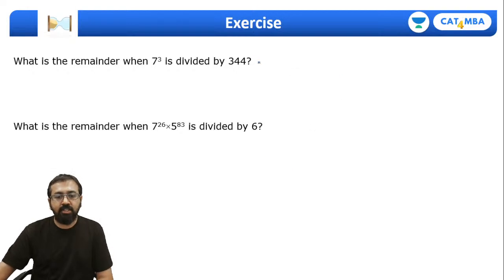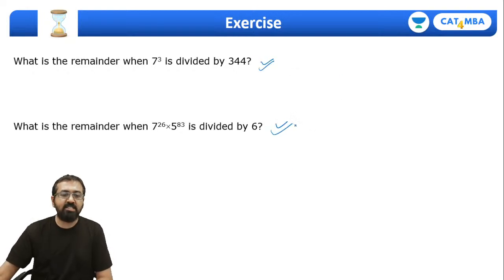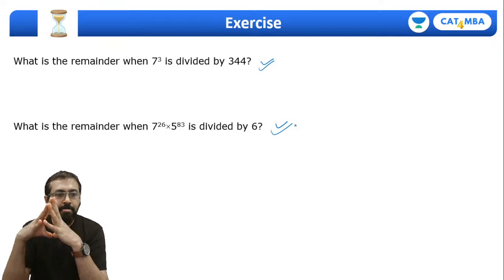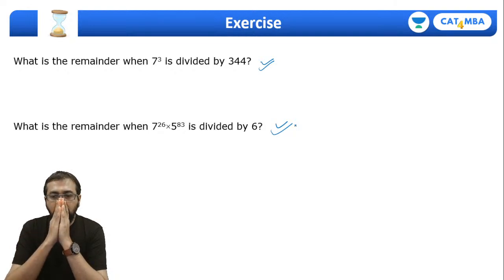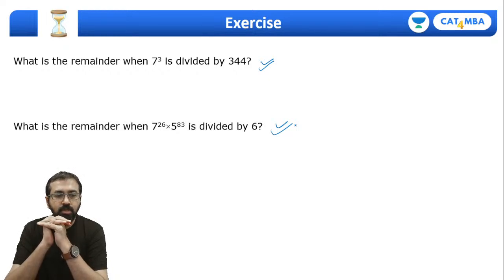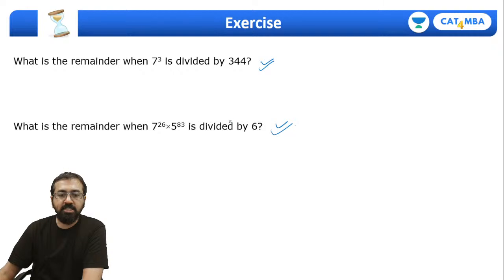So guys, now there are 2 questions for you. Quickly answer these 2 questions, everyone. 2 more questions. So what is the remainder when 7 cube is divided by 344?